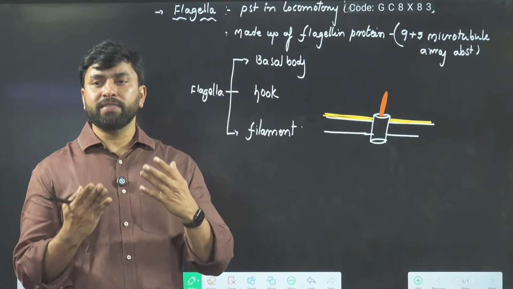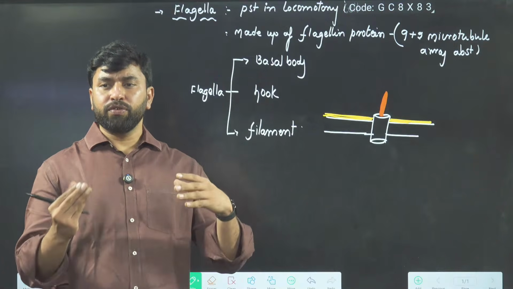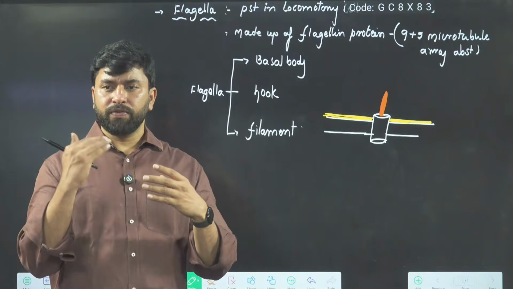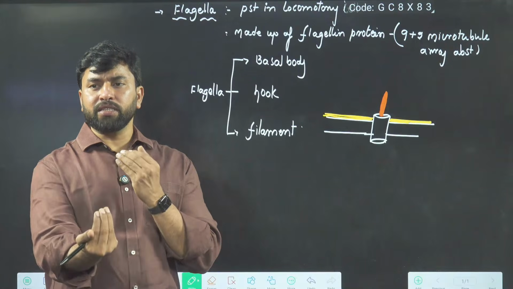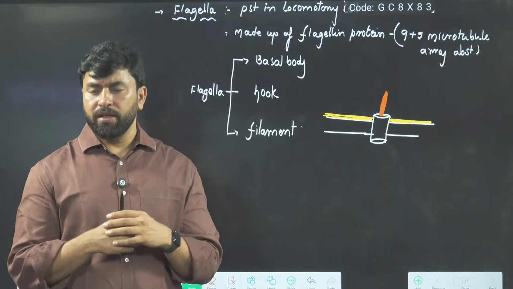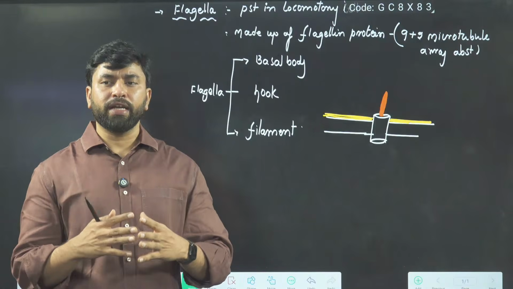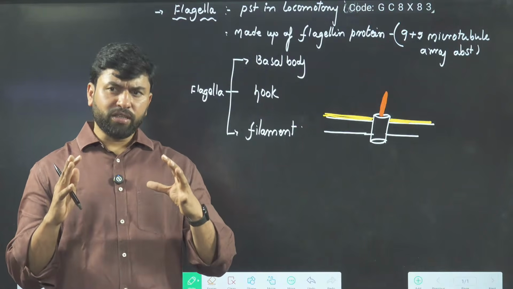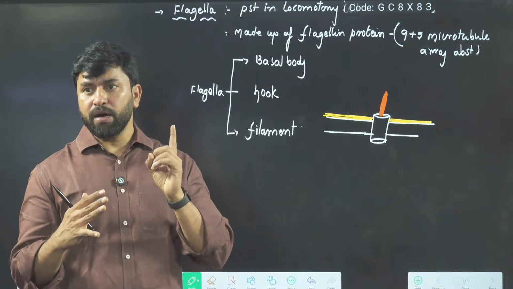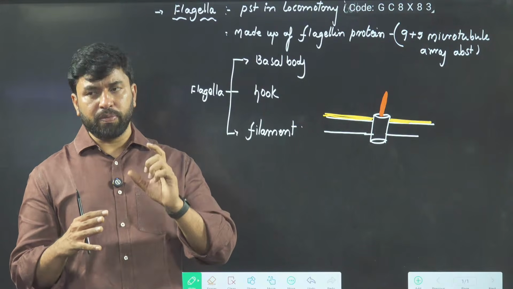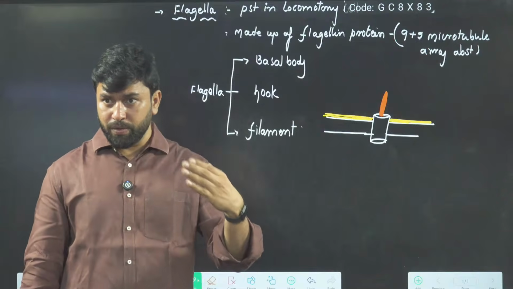Origin is plasma membrane, but externally, if you see from the outer surface, first you will see the cell wall, then it appears like something is protruding away from the cell wall. That protruding body we can call flagella. But actually flagella originate from the plasma membrane, because the basal body is present at the plasma membrane only.